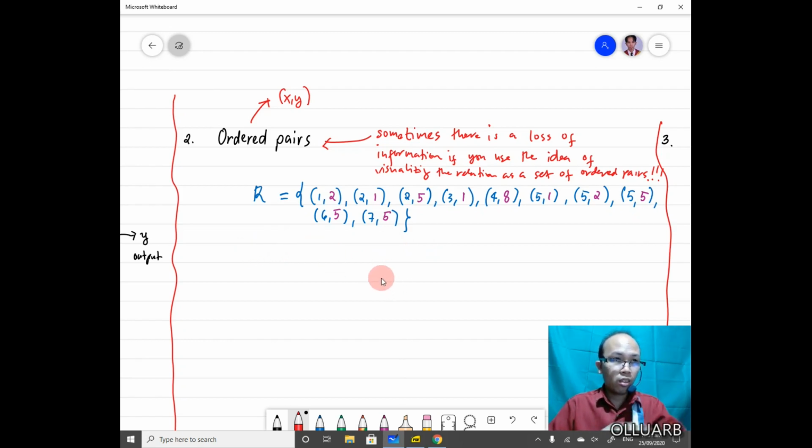Okay, so as you can see here, 7 cannot be found. Okay, look at the second coordinate: 1, 2, we have, okay, 3 is missing, 4 is also missing.